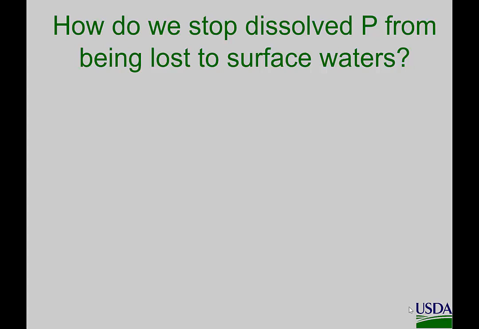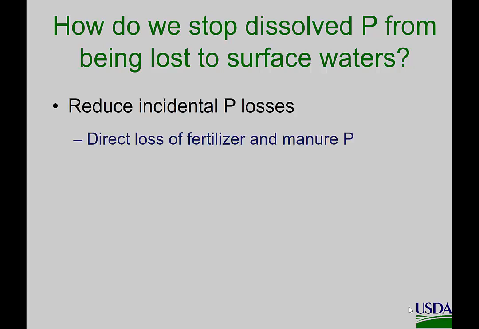So how do we stop dissolved phosphorus from being lost to surface waters? Well, we could broadly categorize this in two main categories: incidental phosphorus losses and legacy phosphorus. Incidental phosphorus losses are the phosphorus lost directly through fertilizer and manure applications. So through different timing of fertilizer applications and different types of application methods, we can reduce incidental losses.